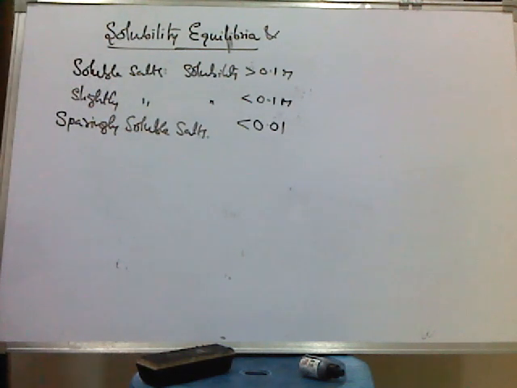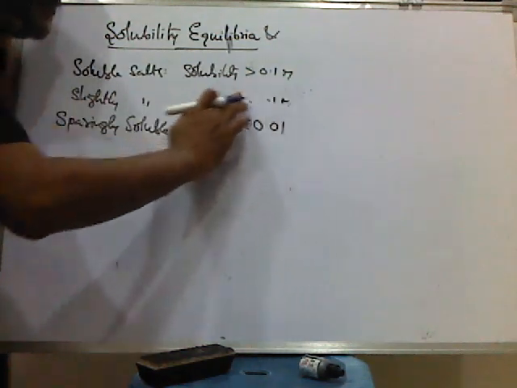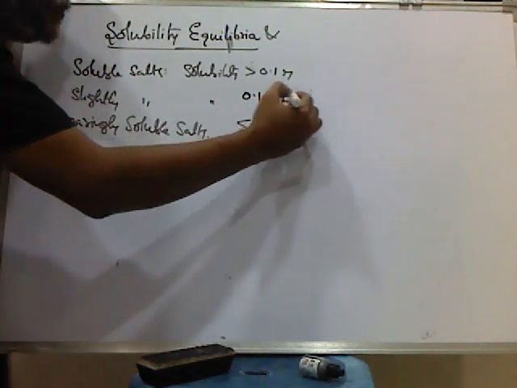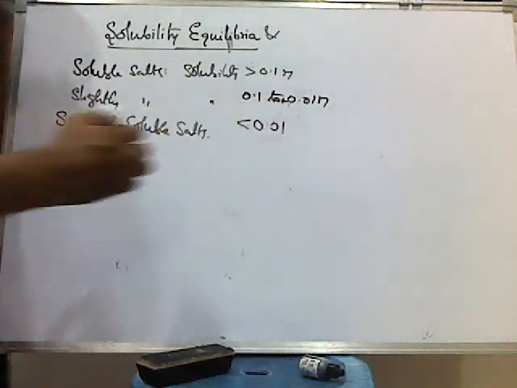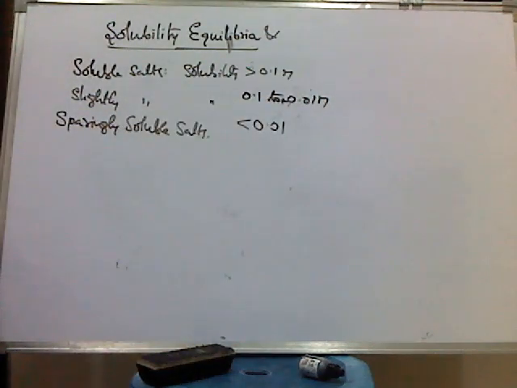If solubility is between 0.1 and 0.01, those are called slightly soluble salts. If solubility is far less than 0.01, those are called sparingly soluble salts.